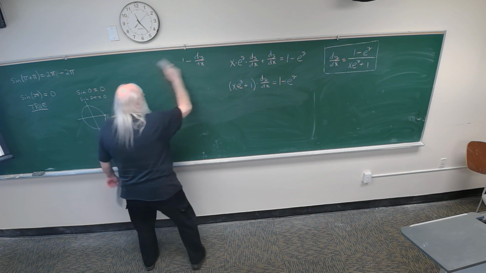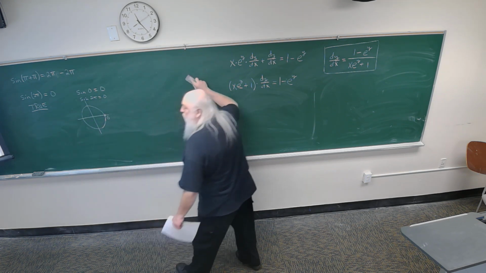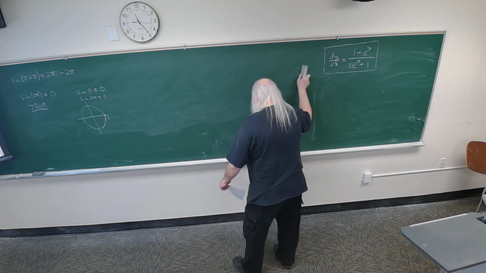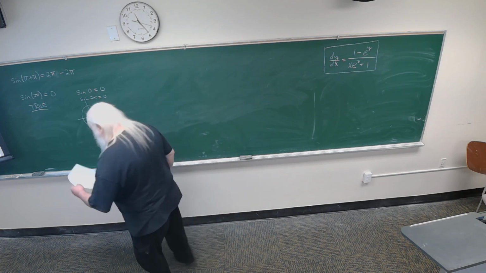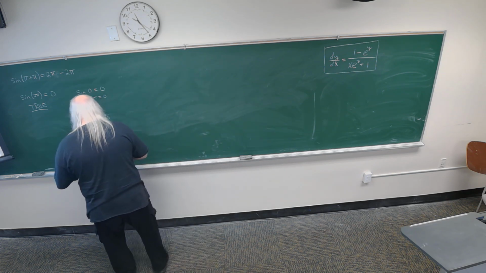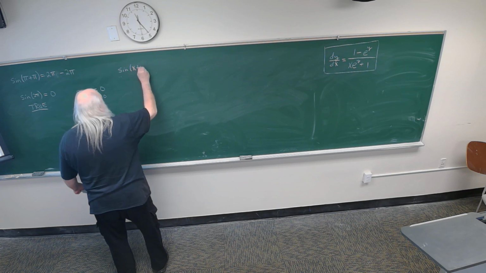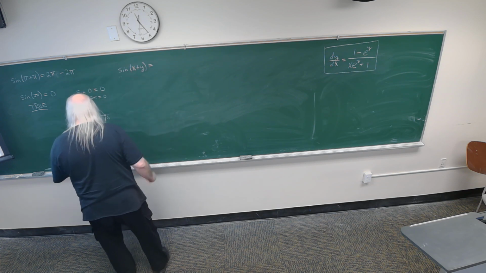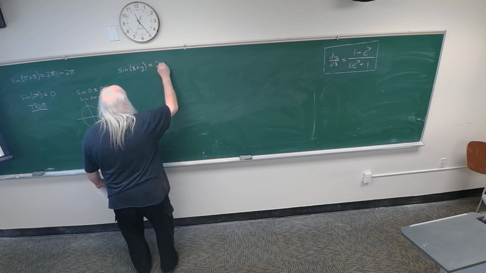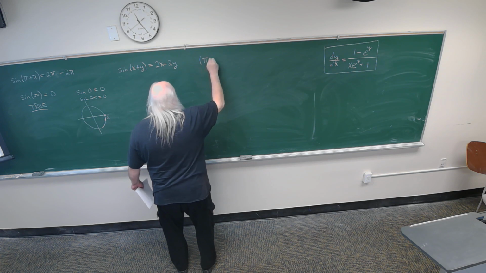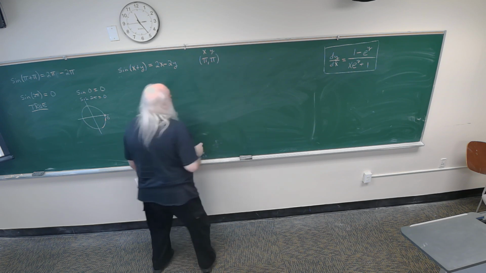So now we can calculate the slope of the curve at pi pi and get the equation of the tangent line at the point pi pi. So we have the sine of x plus y is equal to 2x minus 2y, and both the x coordinate and the y coordinate are equal to pi.